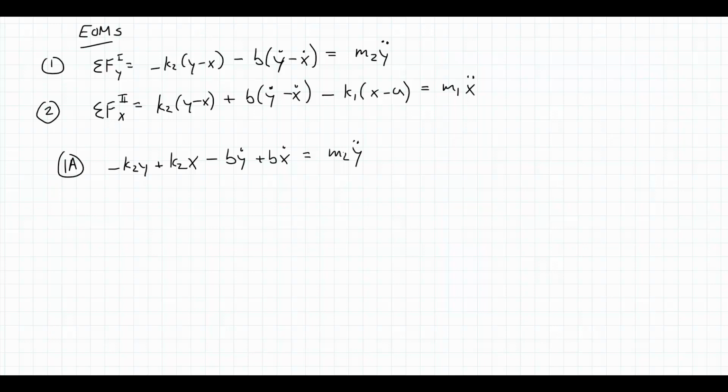And I will also do that for 2a. I'll keep 1b below 1a here. So distributing this: k2y minus k2x plus b y dot minus b x dot minus k1x plus k1u equals m1 x double dot.